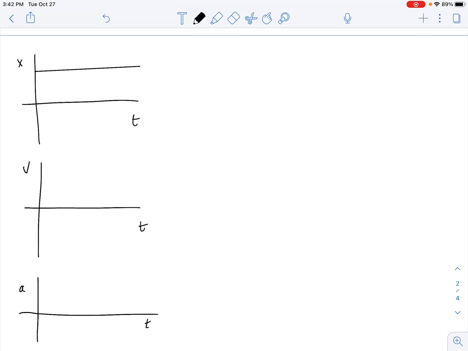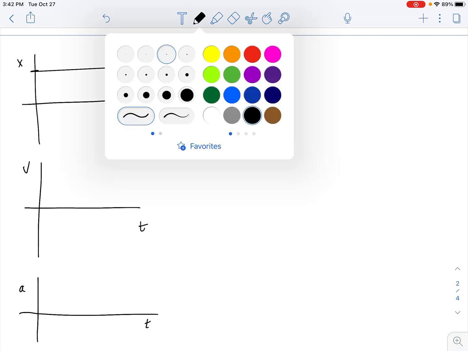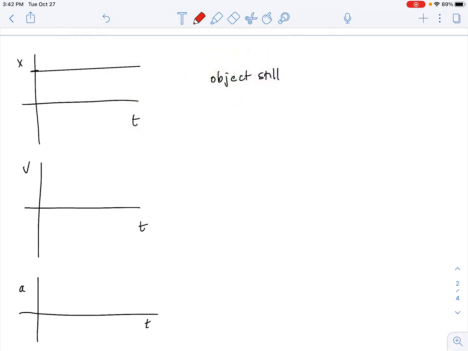What would this represent? This would represent an object standing still. It's not changing its position. It's staying at the same position. So the velocity of that object would be 0, and the acceleration of that object would be 0.